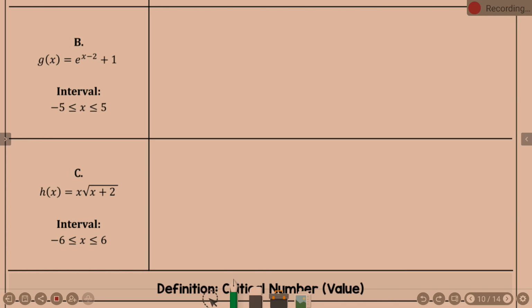Yes? Why? Because there's nothing that says it doesn't. In other words, there's not a denominator like last time. And here's the key: is this a continuous graph? What does e to the x look like?